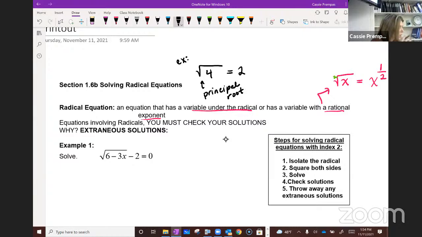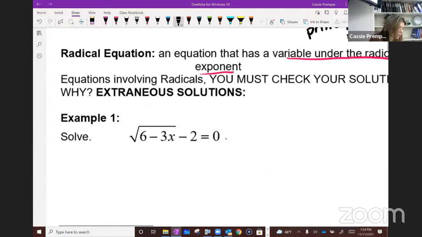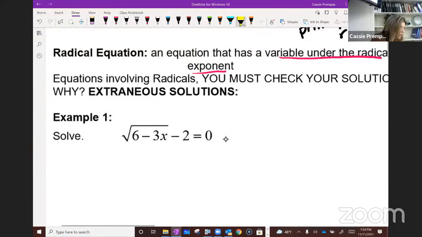Since the principal root has positive solutions, and when you're undoing it, sometimes there's pluses and minuses involved, you always have to check your solution. It is quite possible in a radical equation that you could have an extraneous answer.